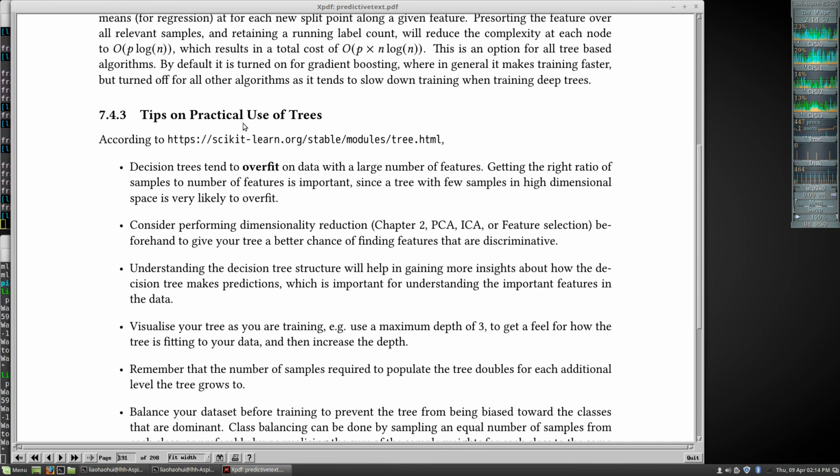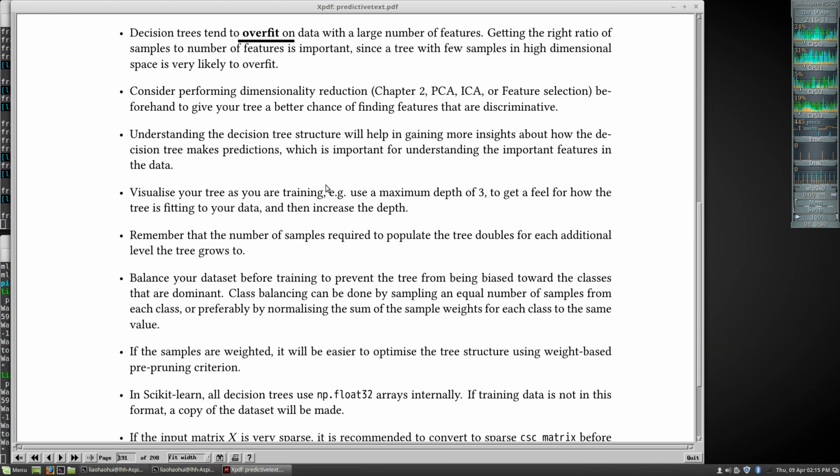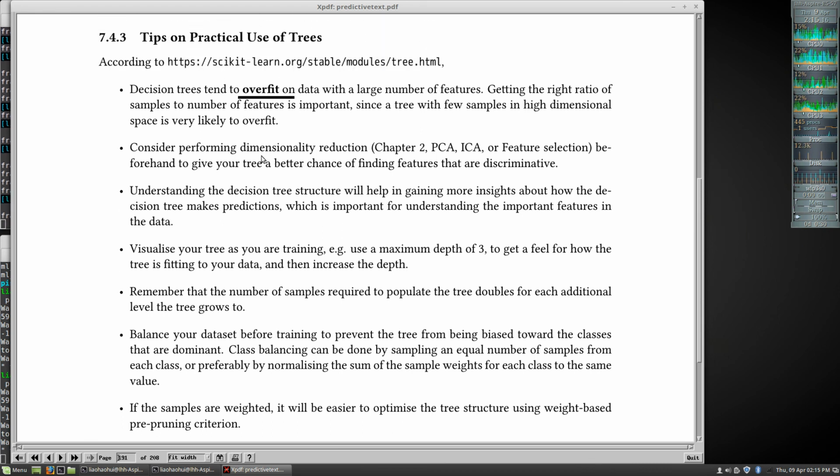So the key thing that we need to know about trees is that conceptually it is very nice, but it has a serious problem of overfitting. That's why it's emphasized here. And in some situations, we need to perform dimensionality reduction.